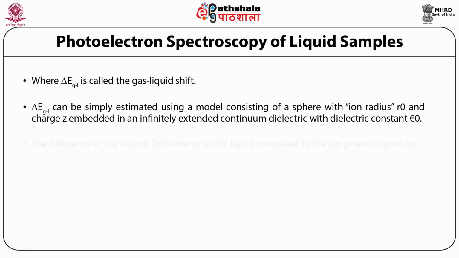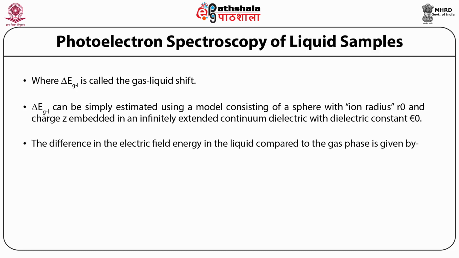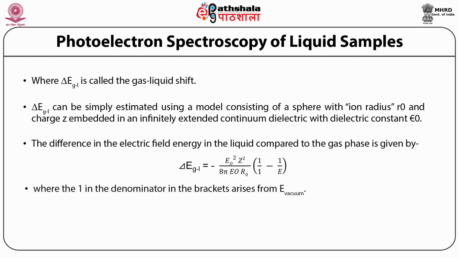The difference in the electric field energy in the liquid compared to the gas phase is given by delta E G minus L is equal to minus e squared Z squared upon 8 pi epsilon naught R0 times 1 minus 1 upon epsilon, where the 1 in the brackets arises from the vacuum.